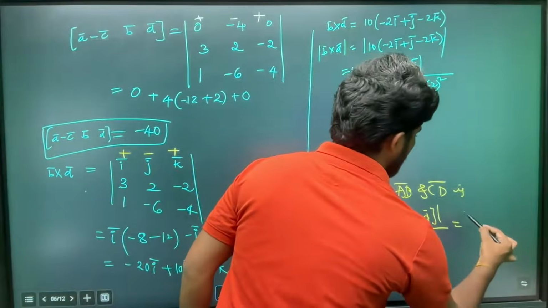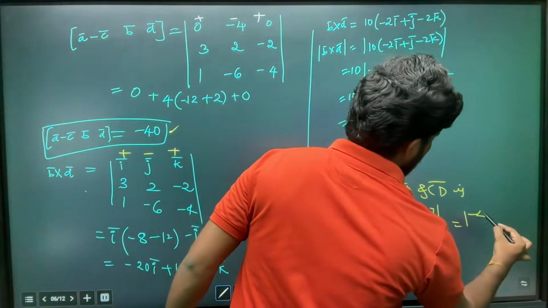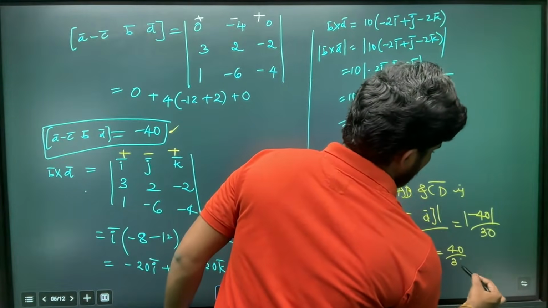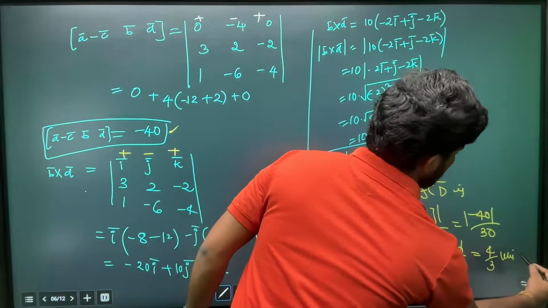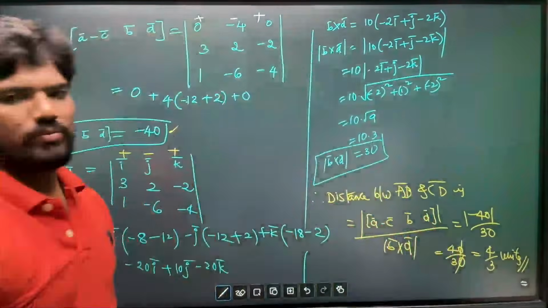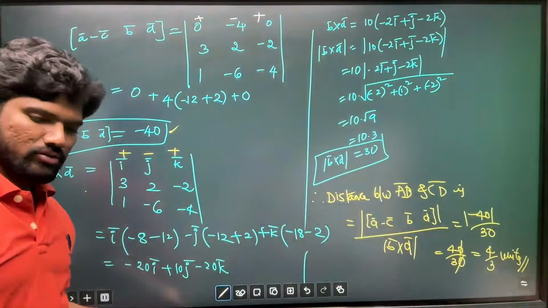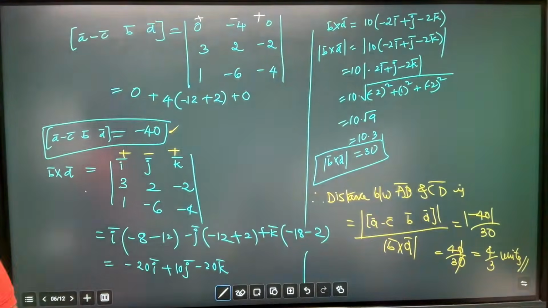Modulus of box value, how much did you get? This is minus 40, so minus 40 by 30. Minus 40 means 40 only. 40 by 30, 0 cancel. 4 by 3 units. This is the shortest distance, 4 by 3 units. Like this you have to solve. Clear? So maximum in Maths 1A, these are the problems on the shortest distance concept.